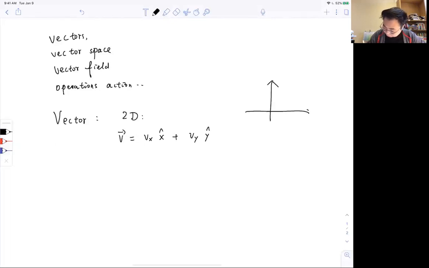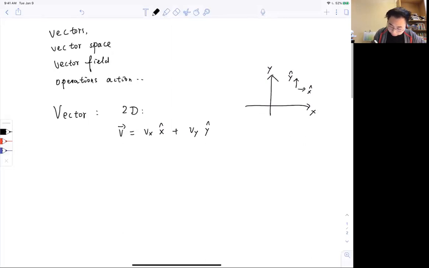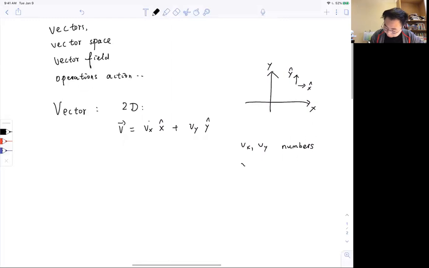So x hat and y hat are two bases of this space, and we know that Vx and Vy are just the components of this vector in this basis, and they are just numbers, right? And x hat and y hat themselves are also vectors.